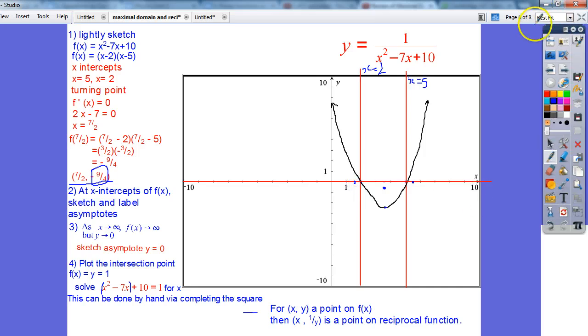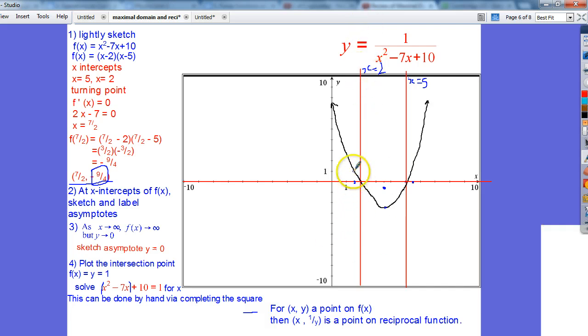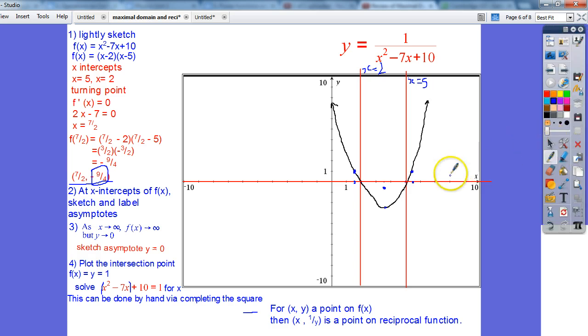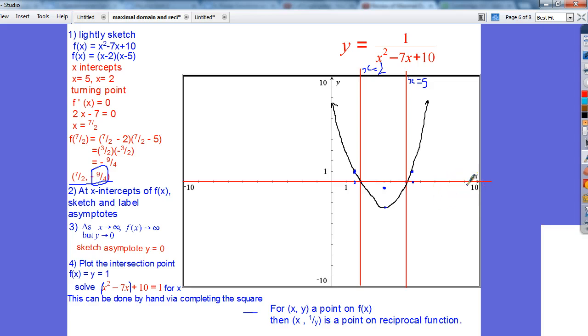So we'll have the two common points that our graphs will share are intersecting here. This is where the reciprocal and the parabola are going to intersect, there and there. This point doesn't necessarily need to be labeled with a coordinate, but it is probably useful to set up some kind of structure to be able to sketch accurately.